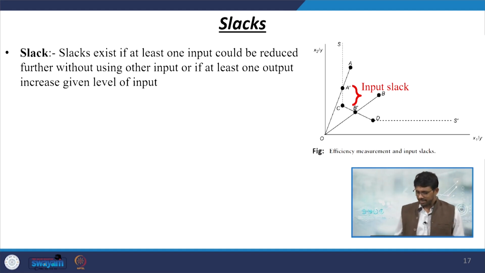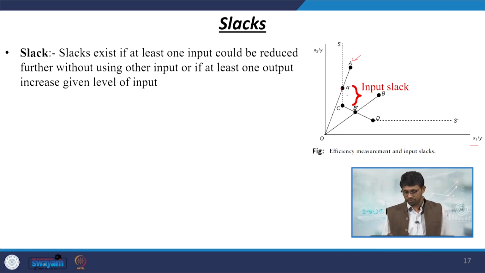You can easily see that we know this is not the optimum one for sure, so far as inputs are concerned. A prime is considered to be the optimum one, but whether it is the best one or not, we can clarify further.